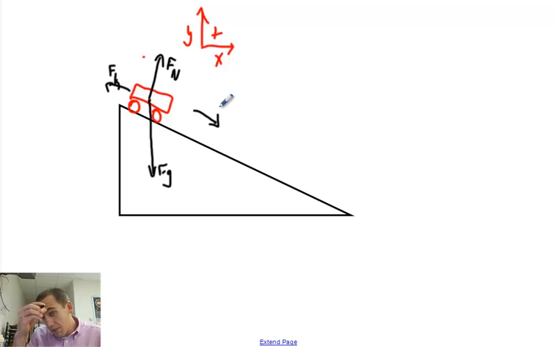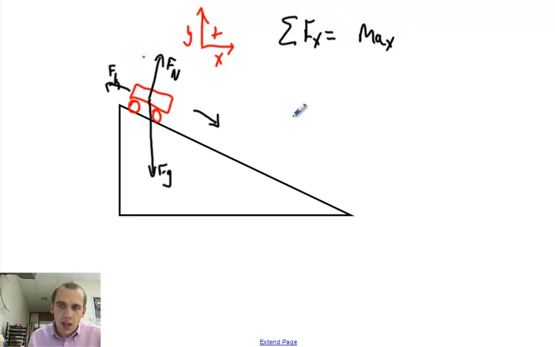So if this is my frame of reference, I have to say net force in x equals mass times acceleration in x, and net force in y equals mass times acceleration in y. So let's find everything that acts in x. Fk doesn't act in x, but it has components that act in x because we have Fk going up the incline.